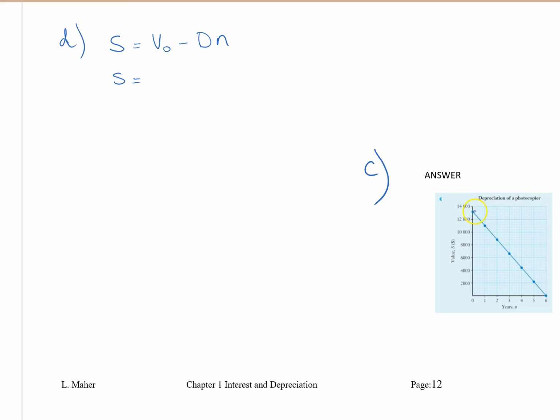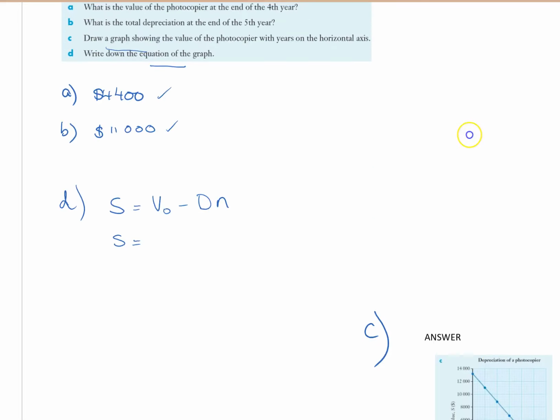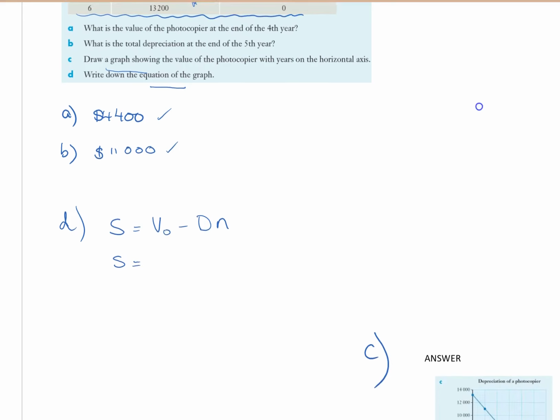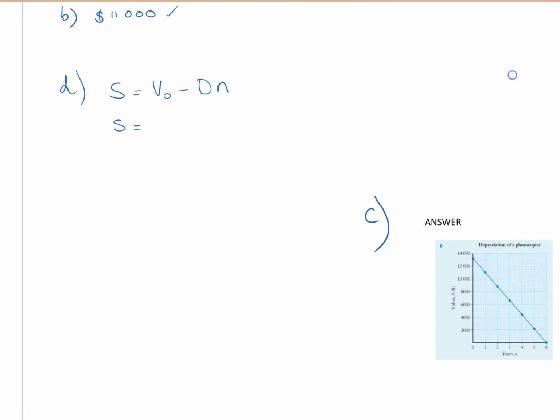You may be slightly estimating where your 13,200 actually sits on your axis, but make sure that this is really the easiest point to plot, that by the time you get to 0, you're up here at 6 years.